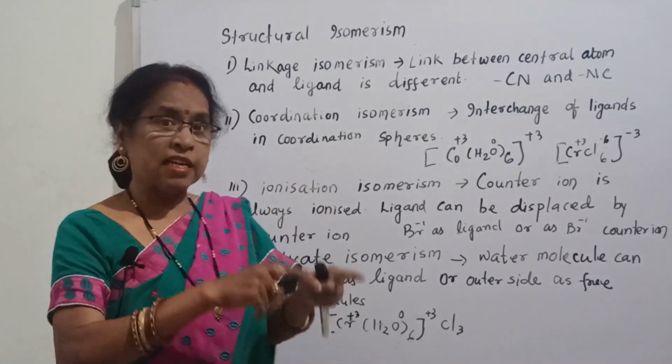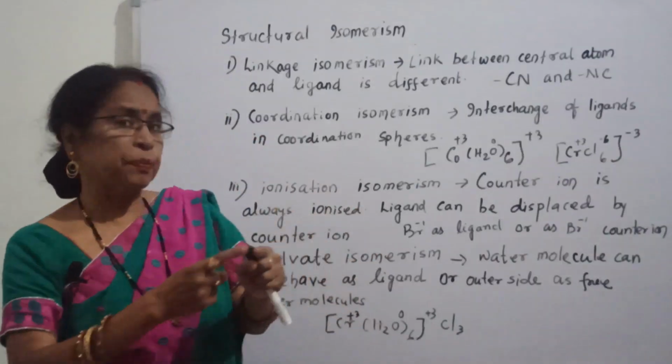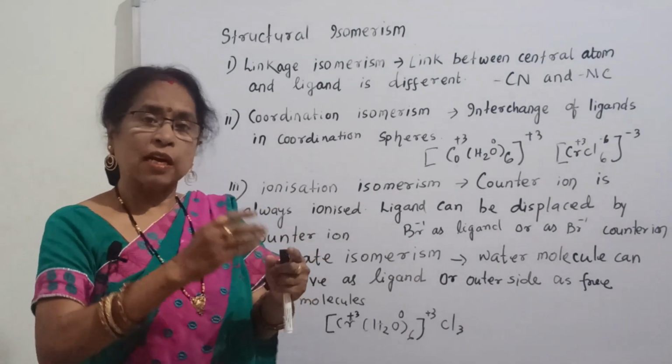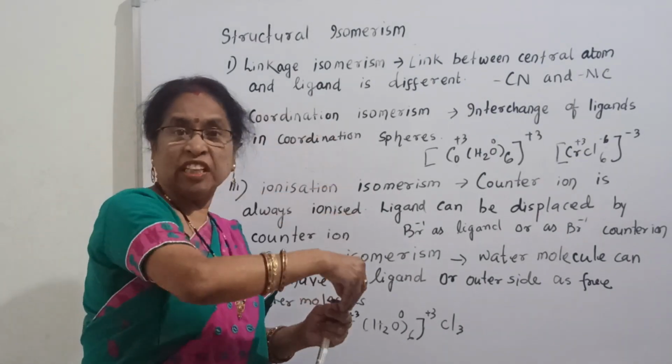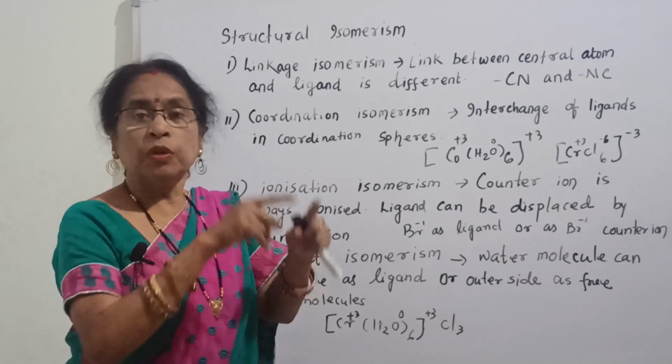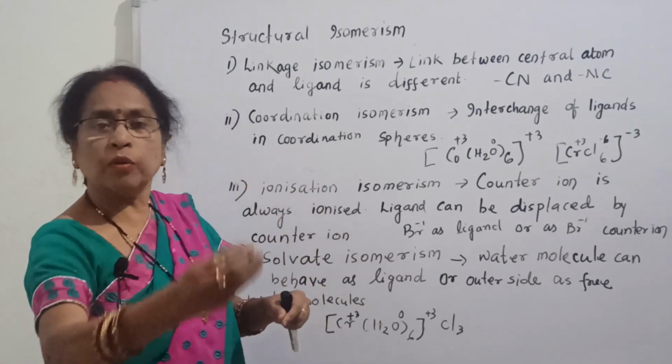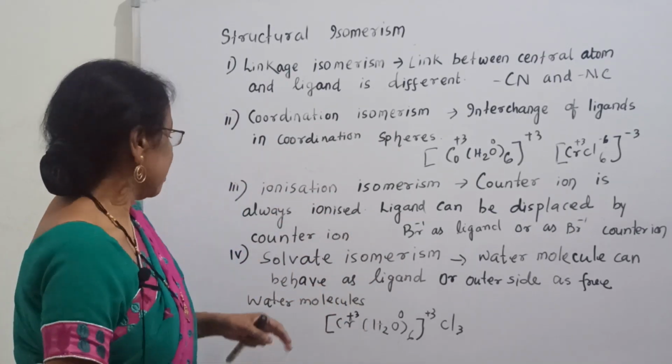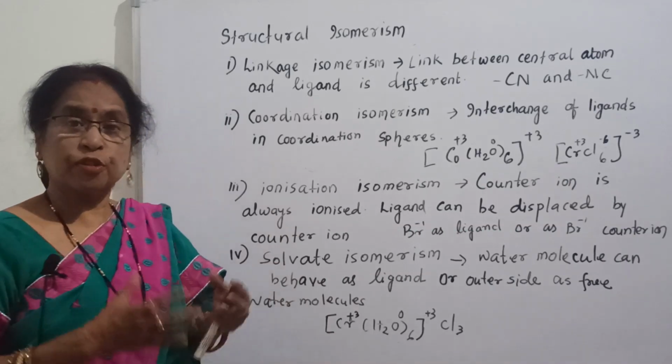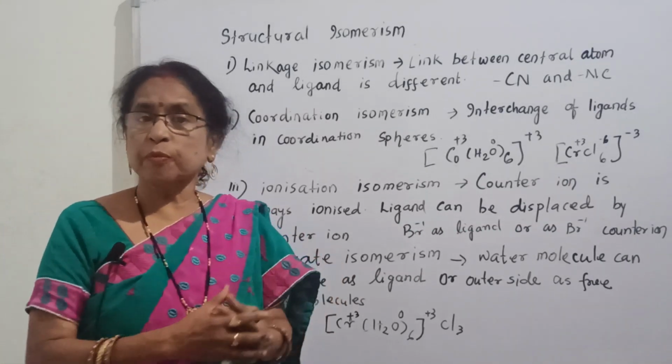Again see, a ligand can be displaced by a counter ion. The counter ion goes inside the coordination sphere as a ligand, and the ligand goes out and acts as a counter ion. Then solvate isomerism. Solvate comes from water.